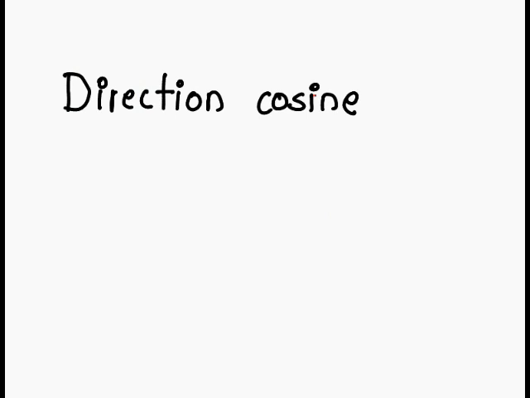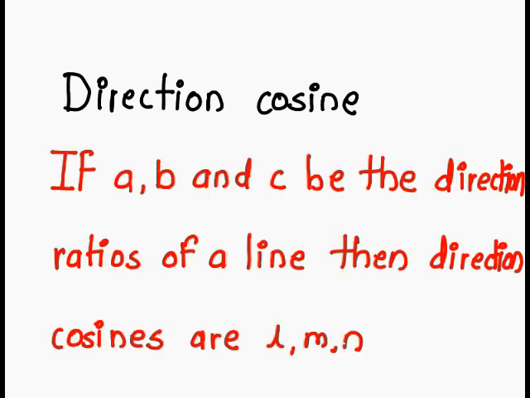Now we study what a direction cosine is. For direction cosines, we require direction ratios. If A, B and C are the direction ratios of a line, then the direction cosines L, M and N can be found with the help of the following formula.